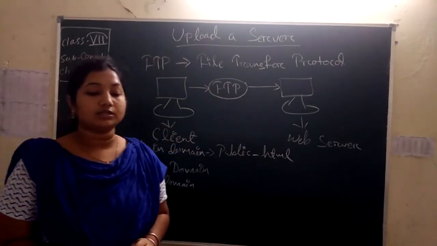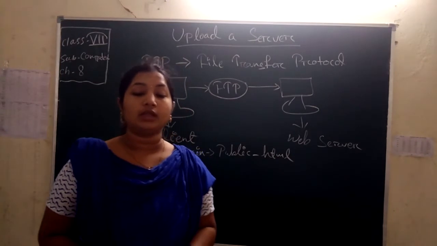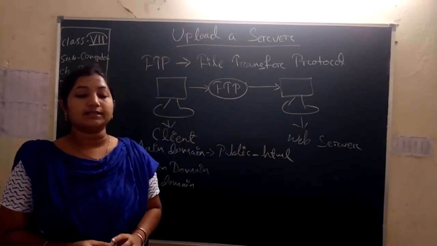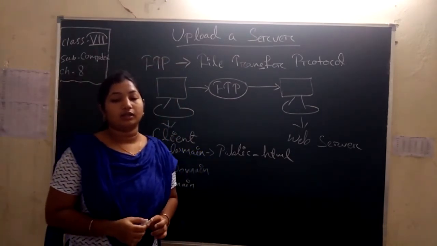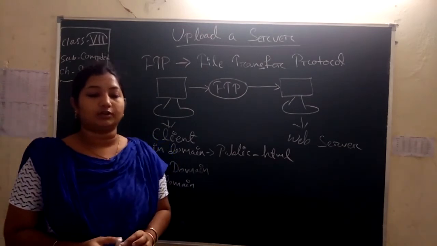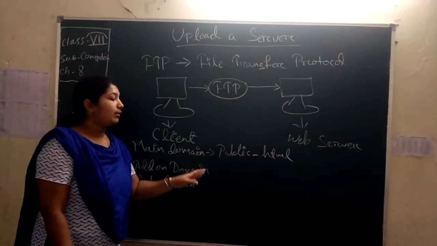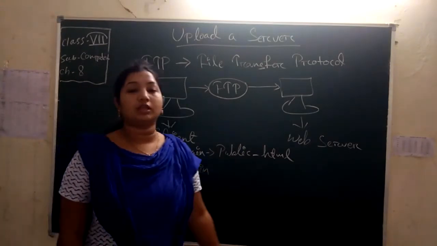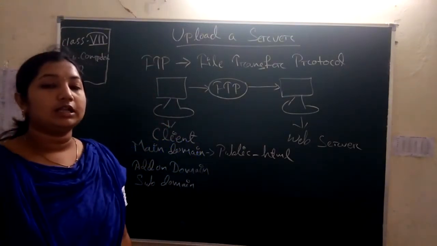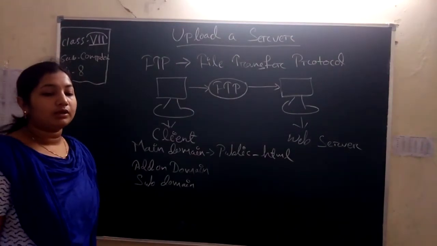This means when someone visits your main domain, the server returns files that are located in the public HTML folder. So for the main domain, first we have to store the information in the public HTML folder.